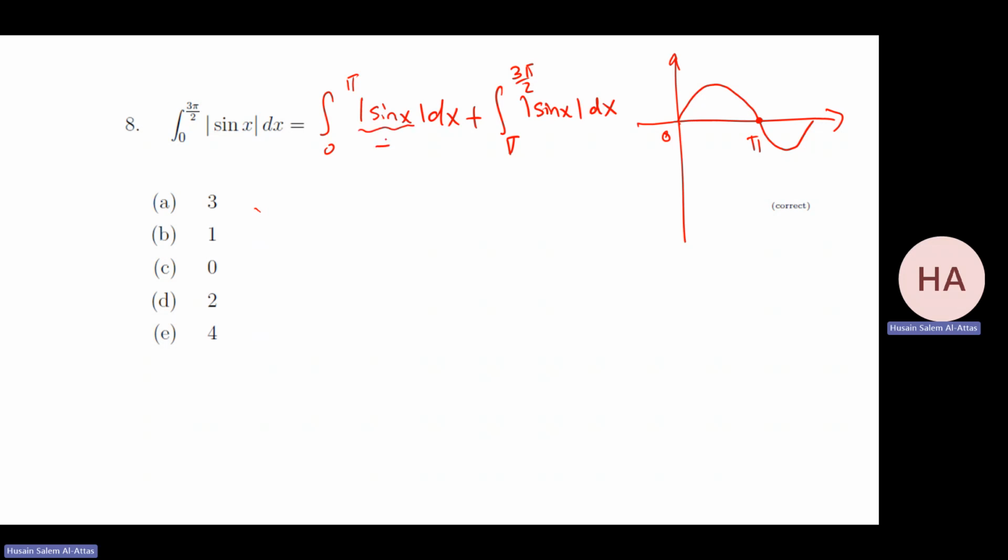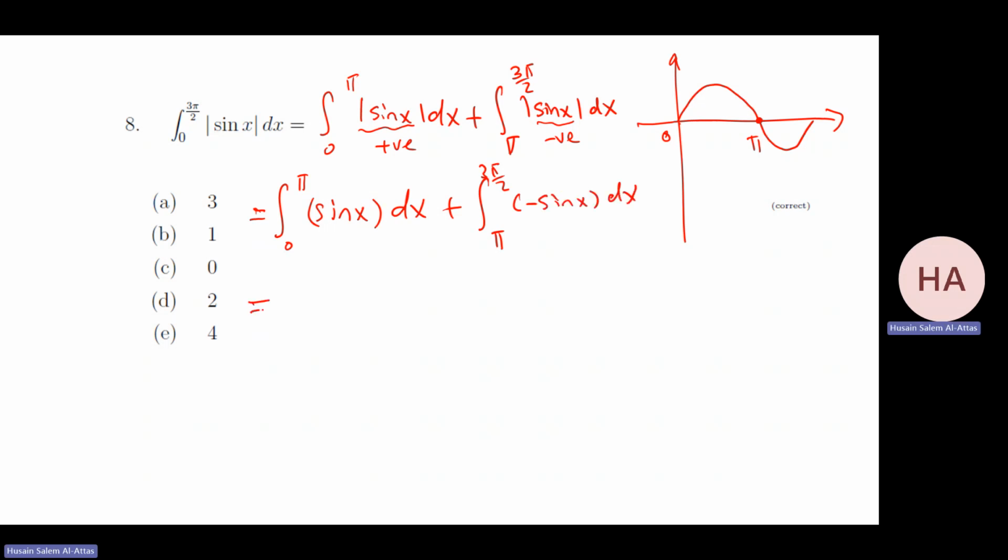Now this is positive inside the absolute value. This one negative. So it will be from 0 to pi sine x dx and pi to 3 pi over 2 minus sine x dx.